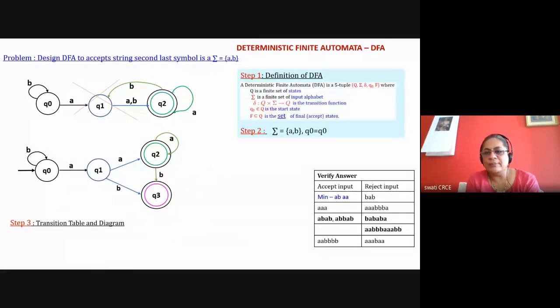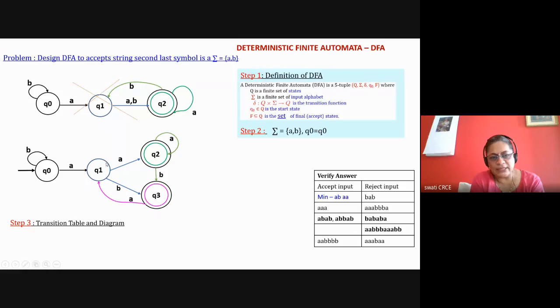A is Q1, B is Q0. Okay, A is Q1, B is Q0 is the majority answer. A with Q1, no? Okay. So if A goes to Q1, then it will become the second last element. Correct. If A goes to Q1, A will be the second last element, and then with one more A or B, it will go to the final state.